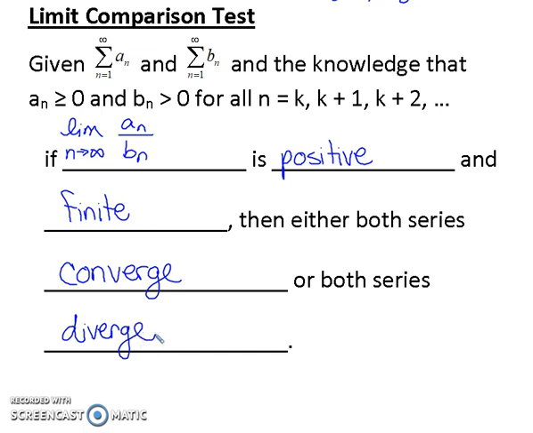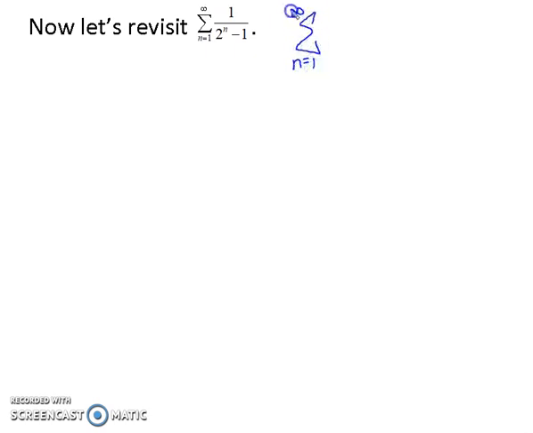So how is this helpful? Well, let's look at the 1 over 2 to the n minus 1. We know that we can compare it to the sum from n equals 1 to infinity of just 1 over 2 to the n because they are similar in nature. And I know that both of these always have positive terms. So it really doesn't even matter which one's the a sub n and which one's the b sub n. You could do your ratio the other way from me, and it's all going to work out.